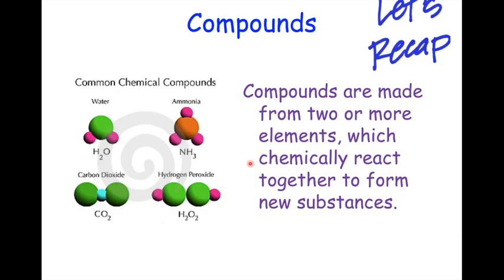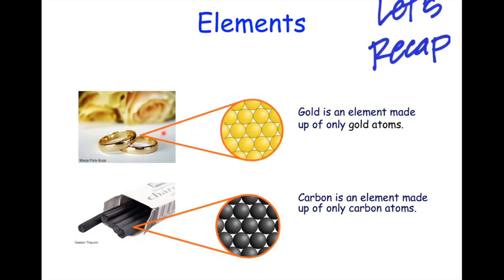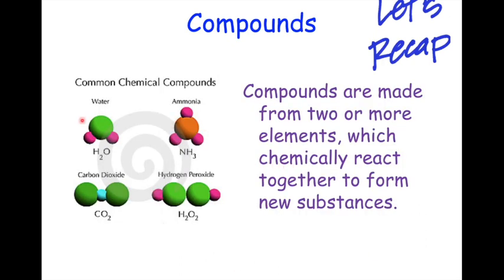Compounds, on the other hand, are made from two or more elements which chemically react together to form new substances. So if we were somehow to take gold, which we know is an element, and carbon and put them together, that would form a compound. Like this graphic over here, we take hydrogen and oxygen, which again are both on the periodic table of elements.